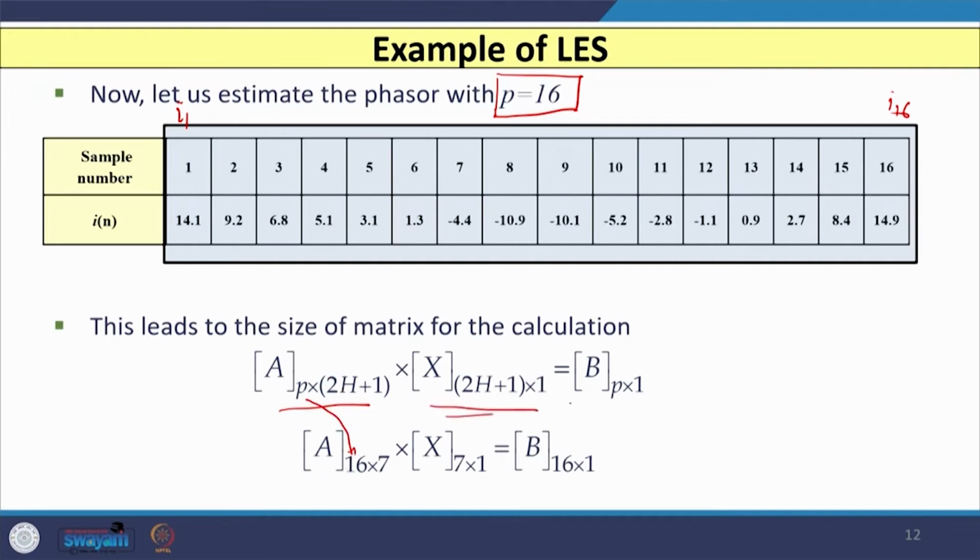The size of X matrix remains as it is, 7 cross 1, there is no change, whereas the size of B matrix, which is P cross 1, becomes 16 cross 1.